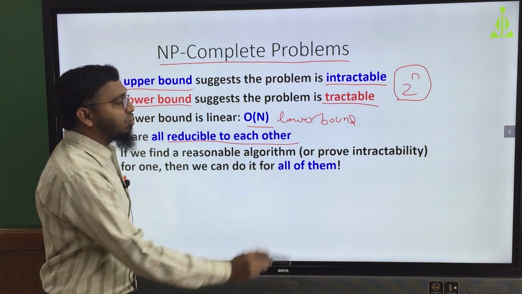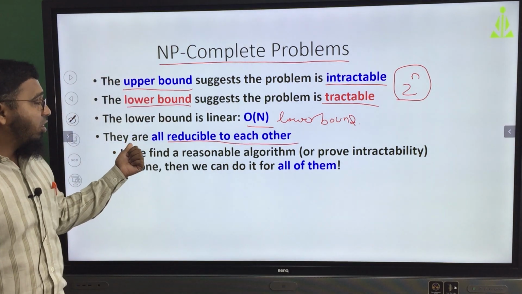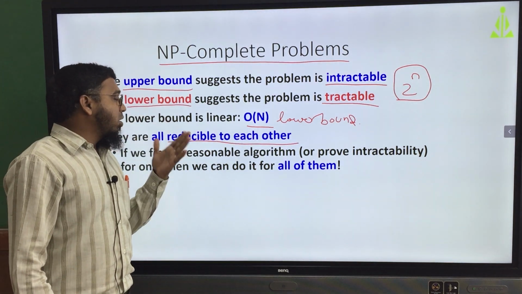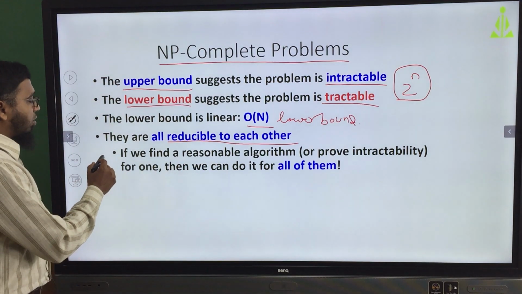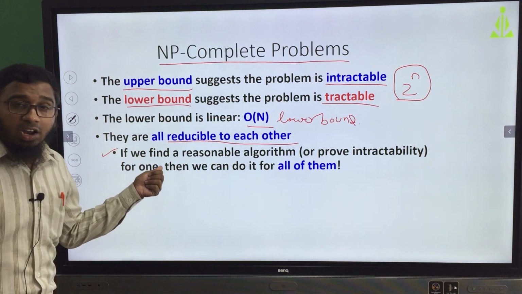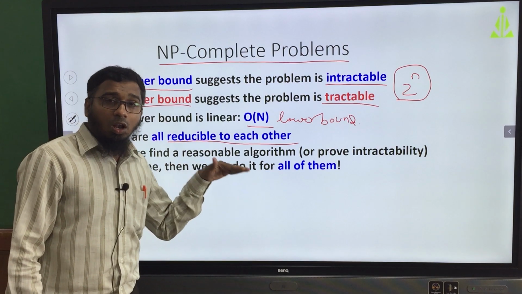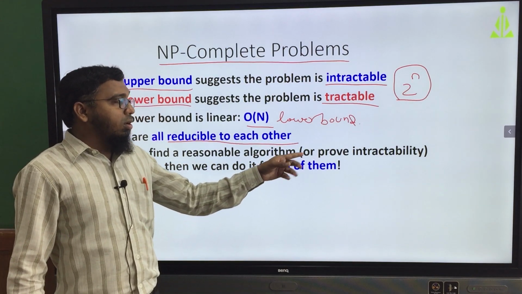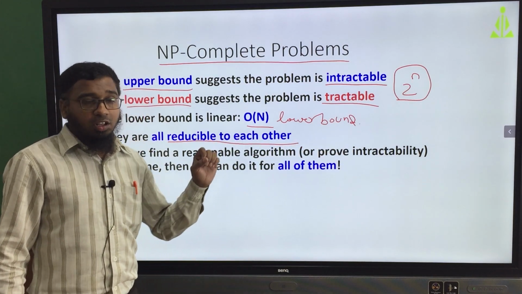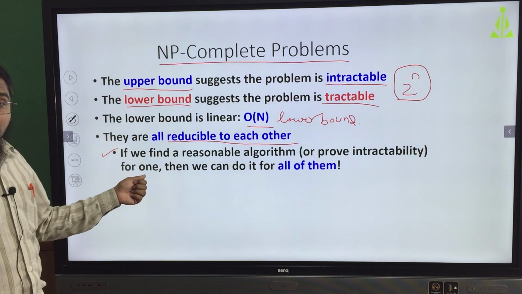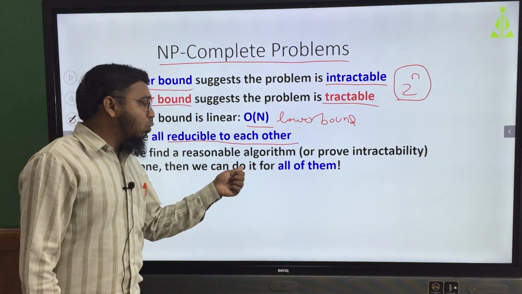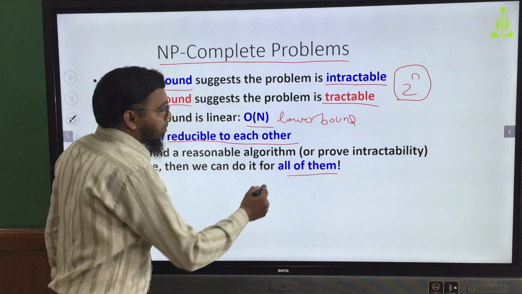They are all reducible to each other. Here, if we find a reasonable algorithm or prove intractability for one, then we can do it for all of them.